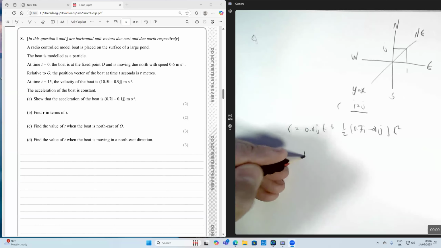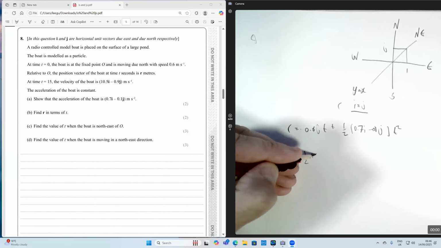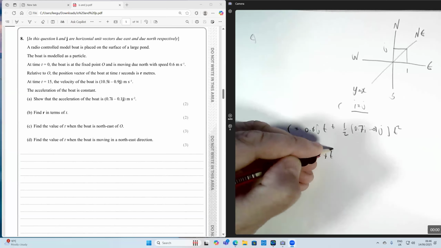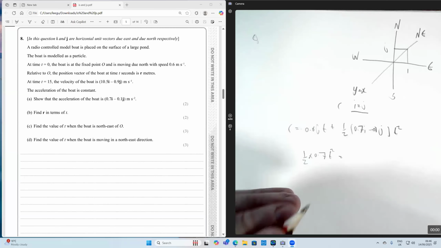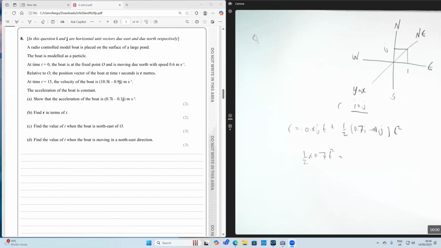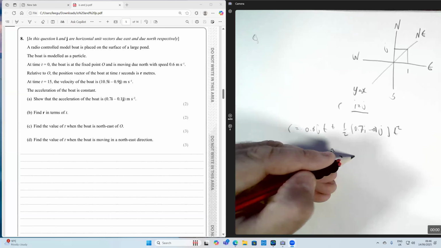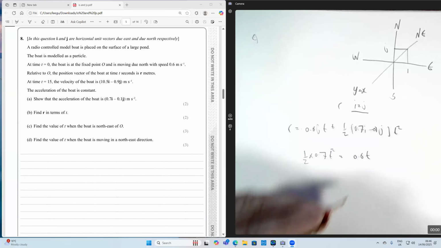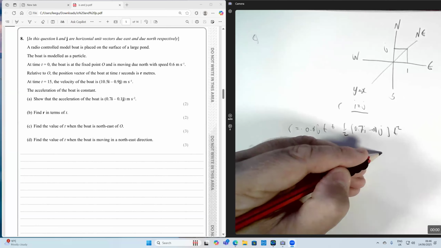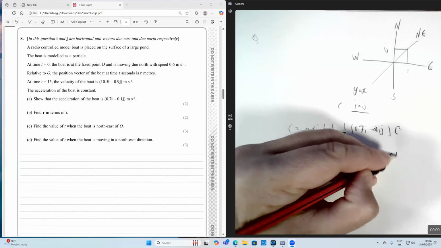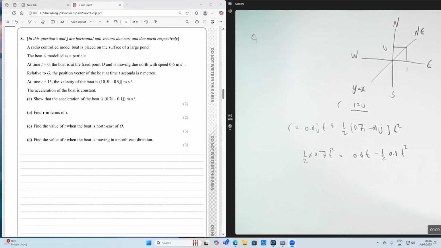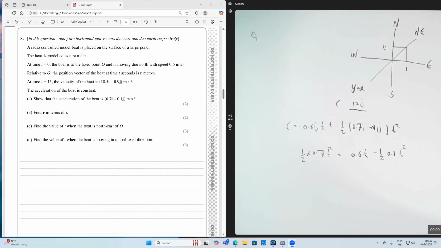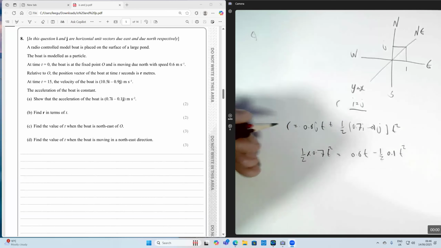So we can say that a half times 0.7 t squared, that's our i components, is going to equal our j components. Our j components are 0.6t, and we have minus a half times 0.1 t squared, which comes from the acceleration. So our i components and j components have been equated.